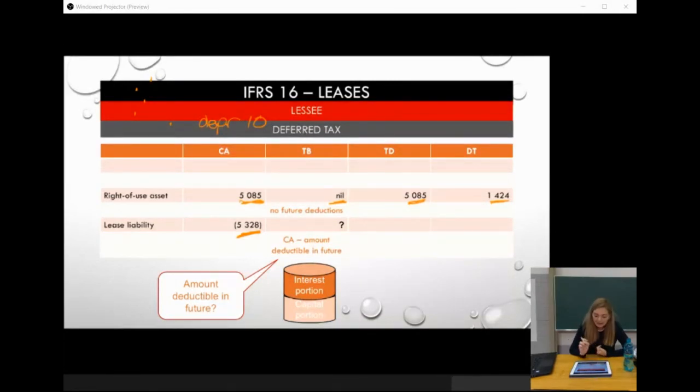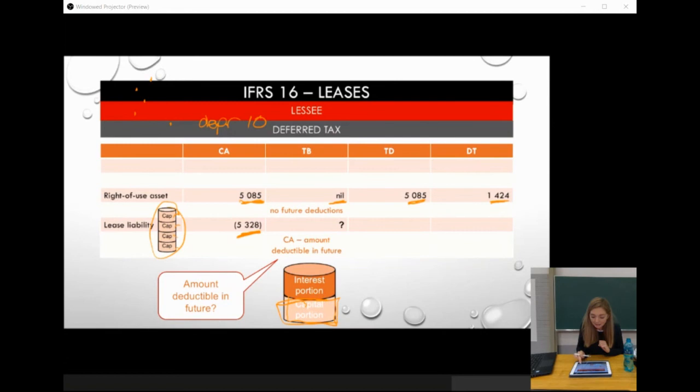Good. So that means that our lease liability actually is made up of all the remaining lease payments, the capital portions of these lease payments. Do you agree with me there that the amount that will be deductible in future in terms of all these capital portions will be the actual carrying amount? Because all of these capital portions are going to be deducted in future when we deduct the lease payment, because every lease payment is going to have a capital portion that we are going to deduct.